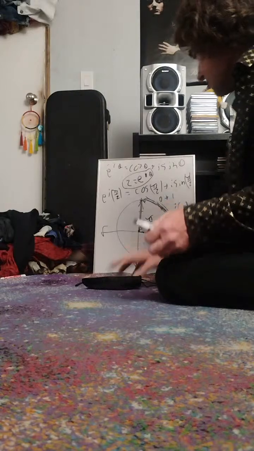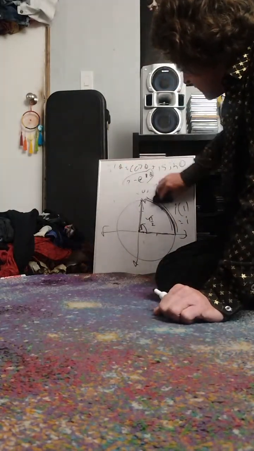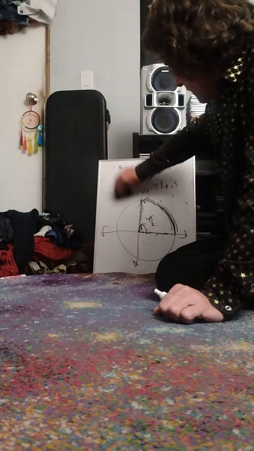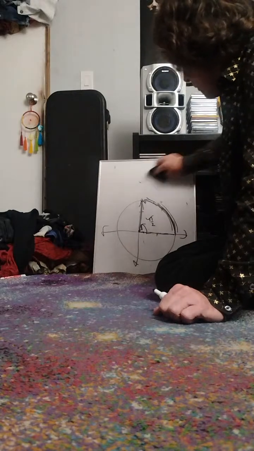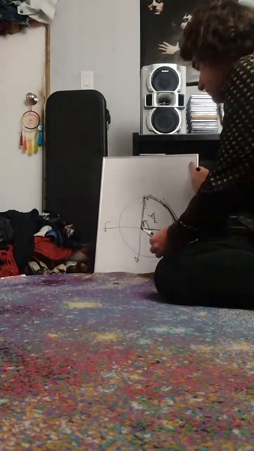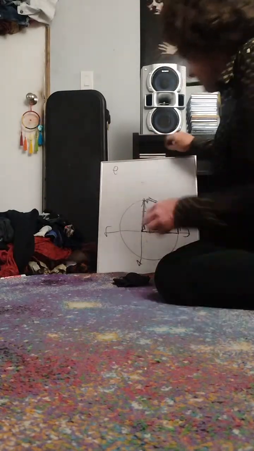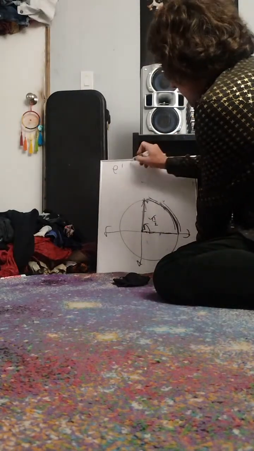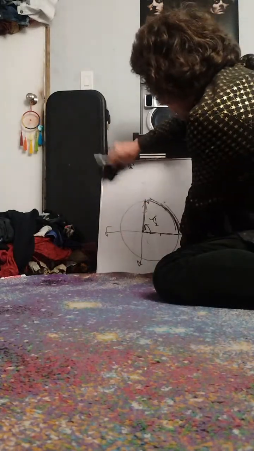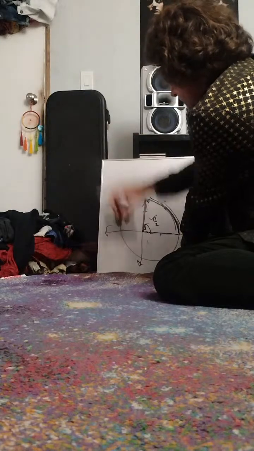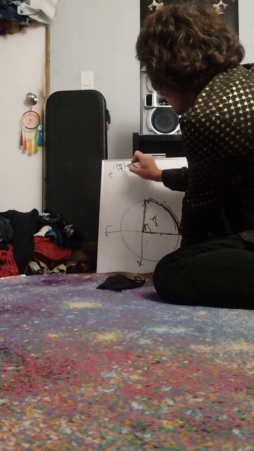So basically what I just proved, almost done here, we're getting close to the end. Let me just move my board, my mistake. What I just proved is that e to the i pi over 2 equals i.